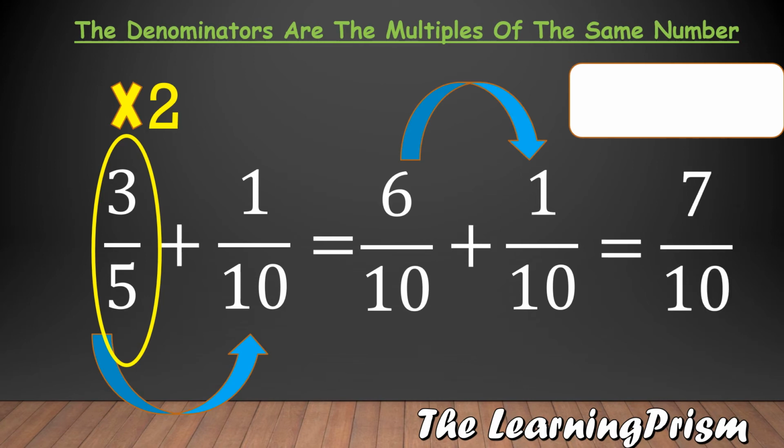And we will write the denominator as it is, because we do not add the denominators when we add fractions. There's one more thing you need to understand: when we multiply a fraction by a number, it will not change the value of the fraction. So here, 3/5 is equivalent to 6/10. The value of 3/5 is equivalent to the value of 6/10.